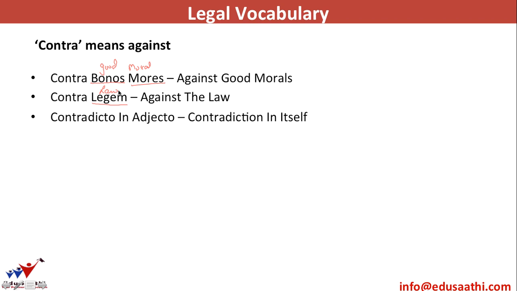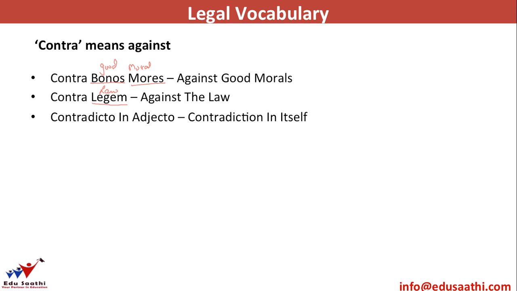Contradictio in adjecto, that is contradiction in itself. That is something that is contradicting itself. It is more or less like an oxymoron. Cold heat. If I use both these terms together, it's a cold heat. Cold is cool, whereas heat is hot, right? If we place both of them together, they are contradicting each other.